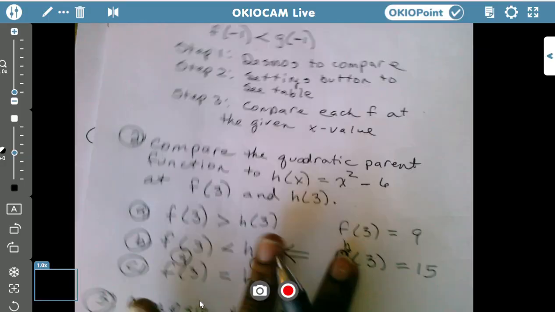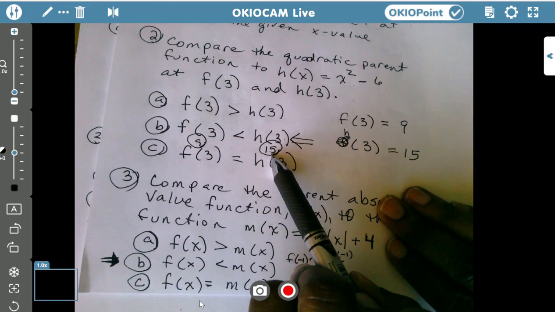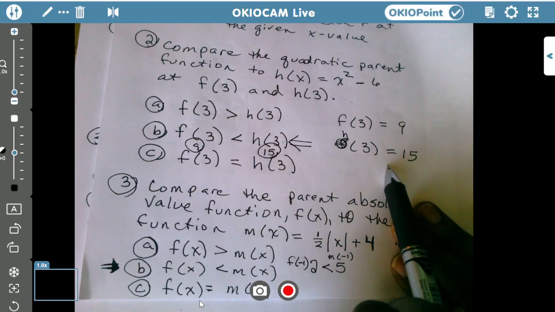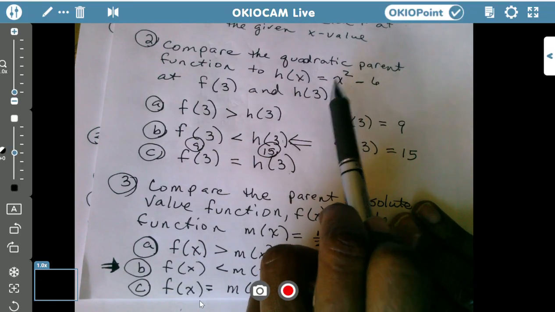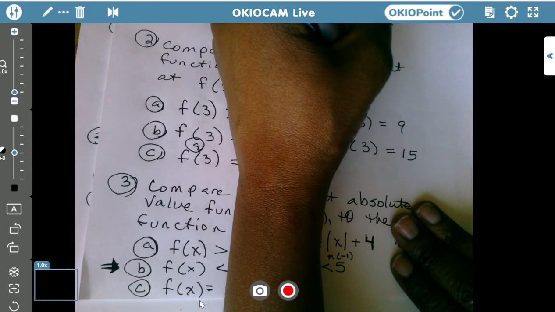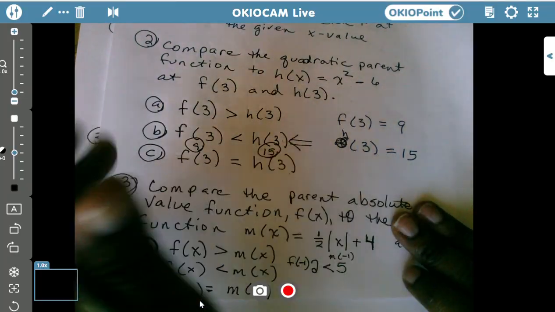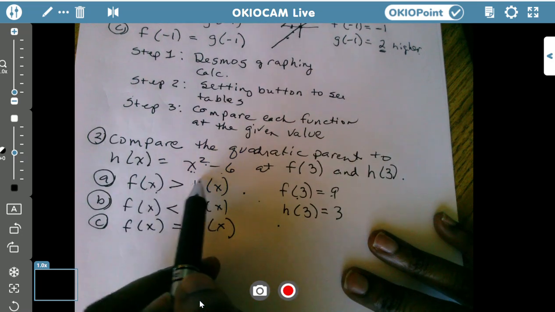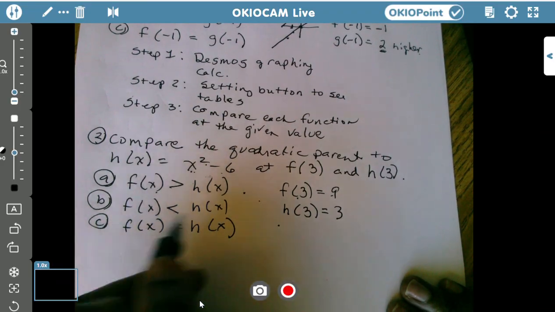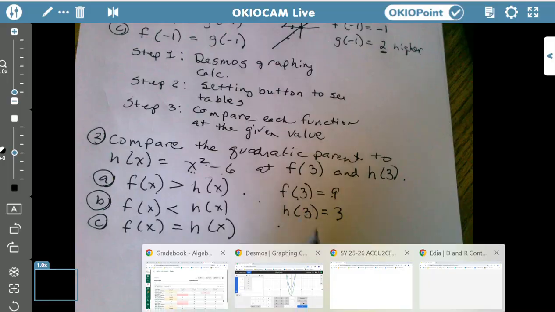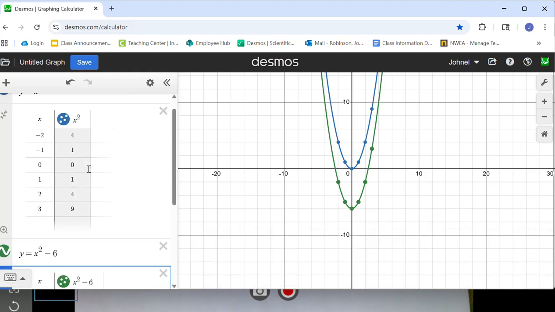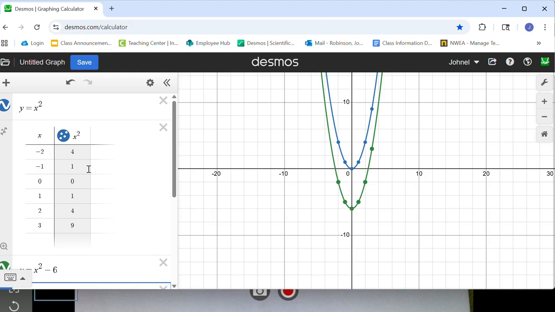Well, now I'm confused because look, right here, I wonder if we typed in something wrong earlier. When I typed it in, I got h of 3 is 15. 3 squared is 9, 9 plus 6. Okay, so on this function, earlier I added, and I need to tell my class that. So this should be minus 6, and you get 3. And we verified it over here on the table of values. The first function is higher.